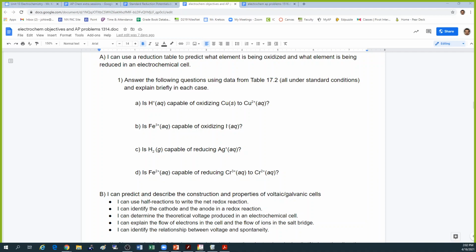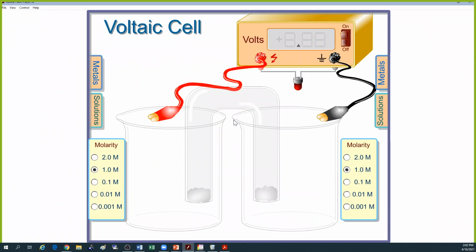And if you recall, I believe we had only worked through one particular cell, and it was the one that looks something like this, where we're keeping all the concentrations at 1 molar solutions right now. Those are called standard cell potentials that we get, and later we're going to learn how changing the concentration affects that.